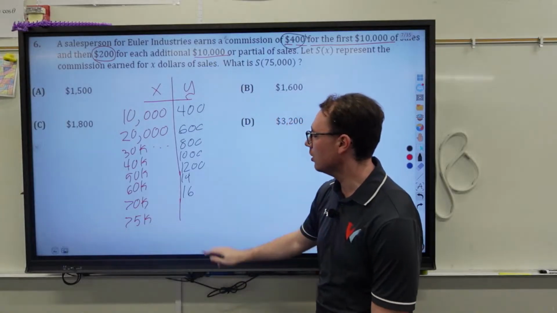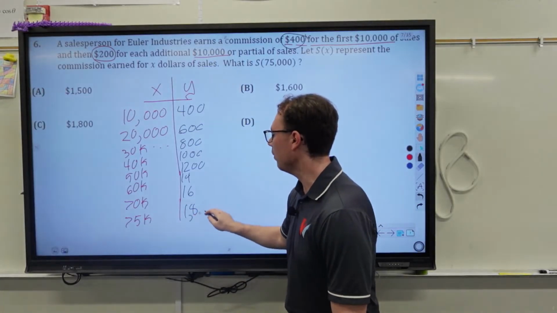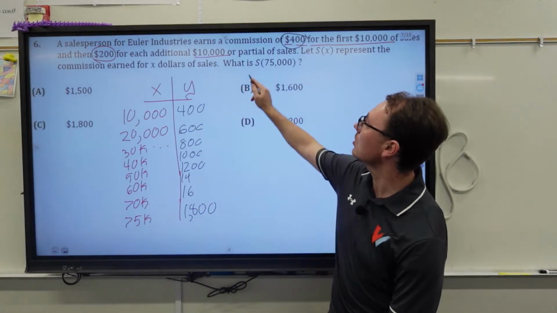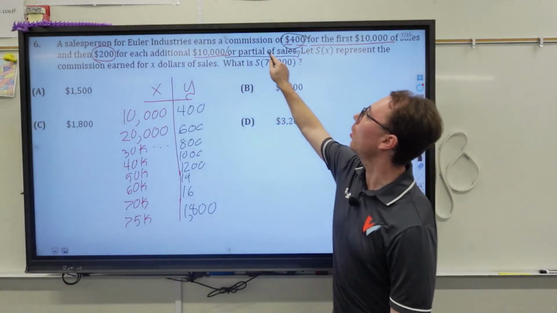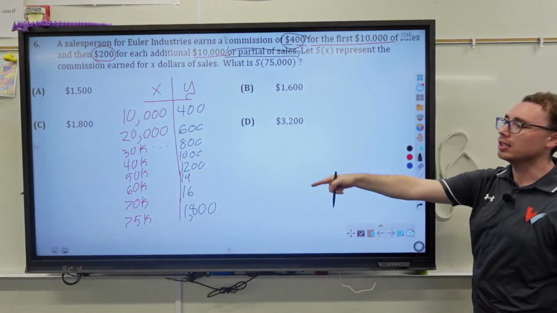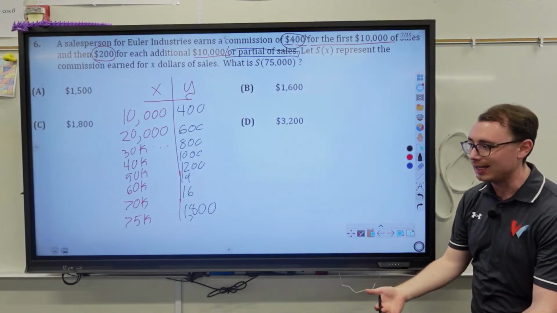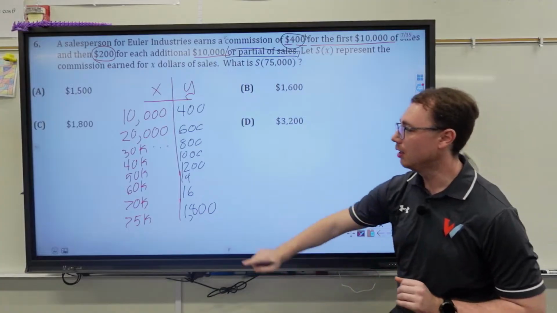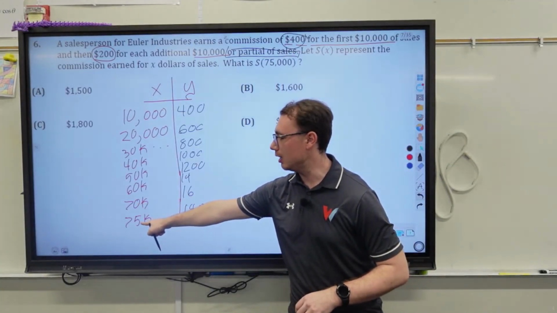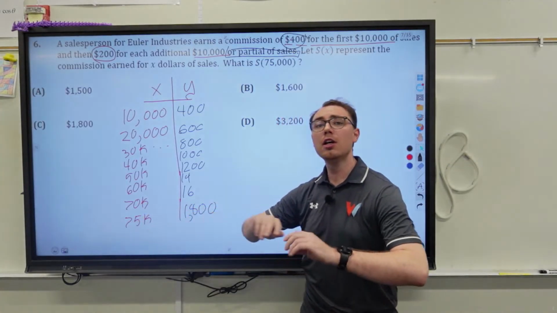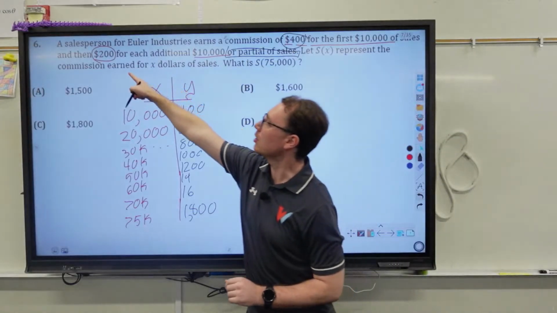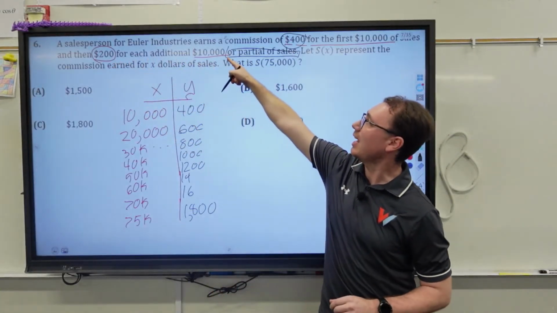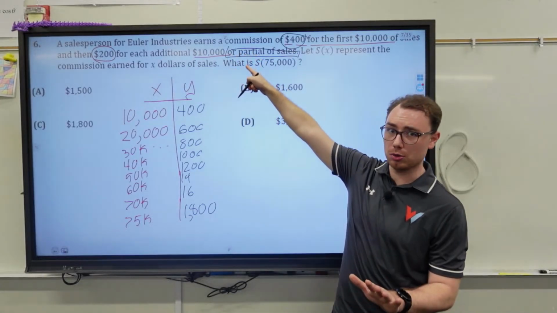Now for these partial sales here, we're able to reason out that we end up getting 1,800 simply because of the partial sales. Since we're not going over that 80,000, the partial sales of 5,000 between this 70,000 and this 75K jump just awards us this $200 because it's $10,000 or partial sales.